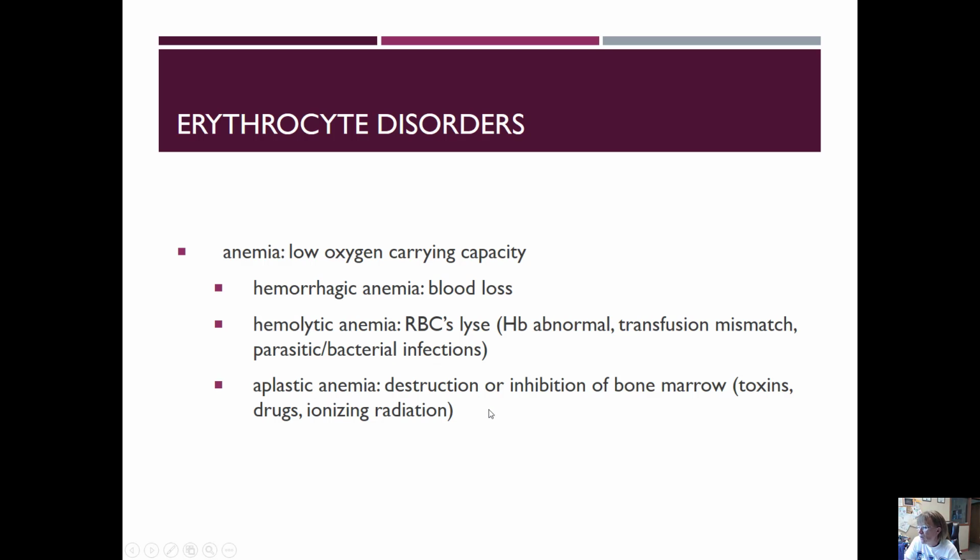Aplastic anemia, I already mentioned that, but not specifically. This is if we're destroying the bone marrow, through certain toxins that we're exposed to, like chemotherapy.